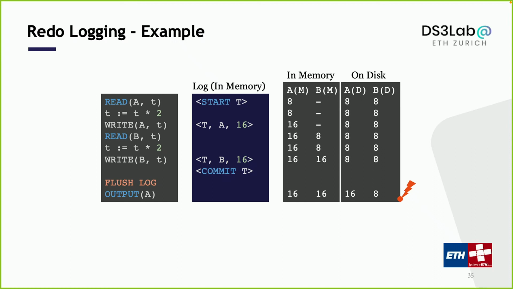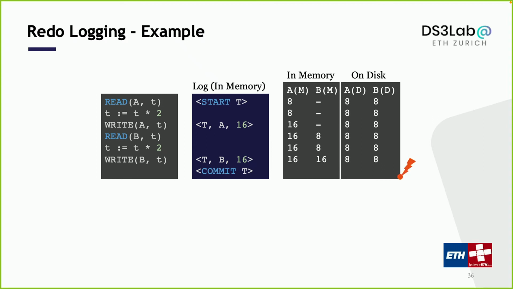I say, okay, this T will change B also to 16. Then I will update the on-disk state of B to 16. Then I see commit T, then I know I have finished redoing this transaction T. And then after that, my database will be in the state 16, 16, which is consistent. Make sense? I redo all the committed transactions instead of undoing the uncommitted ones.